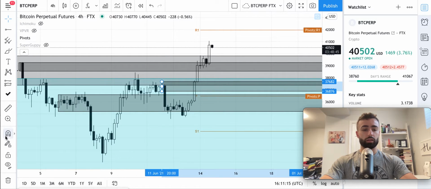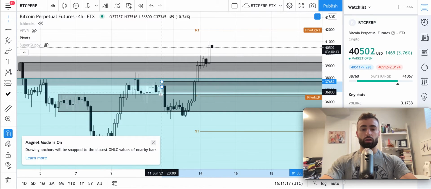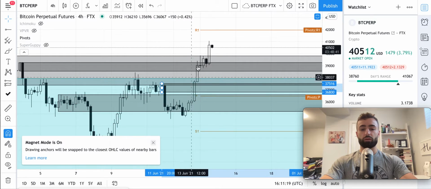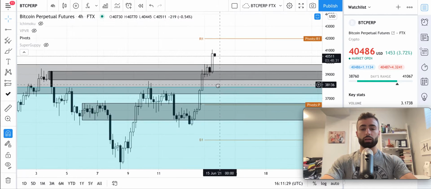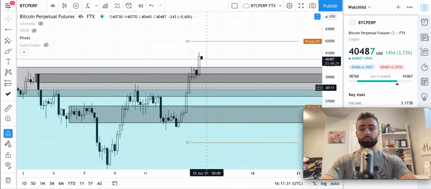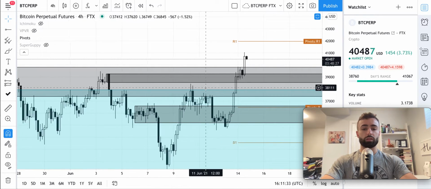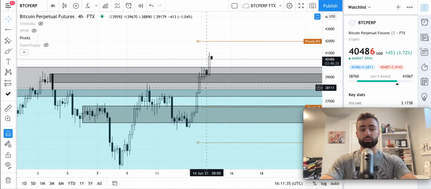This candlestick right here, I don't have my magnet on. You can see that we're pretty far away from this entry now. So now I'm not looking for this entry anymore. I can just get rid of that because likely we're not going to get back to that zone relatively soon. We'll see what happens in the coming days.